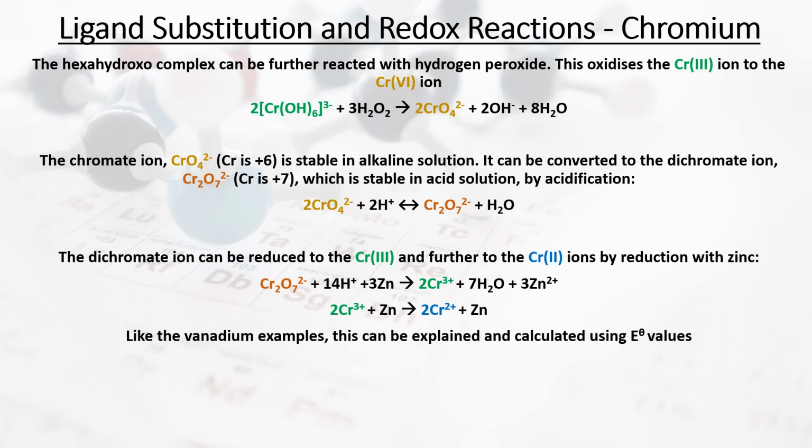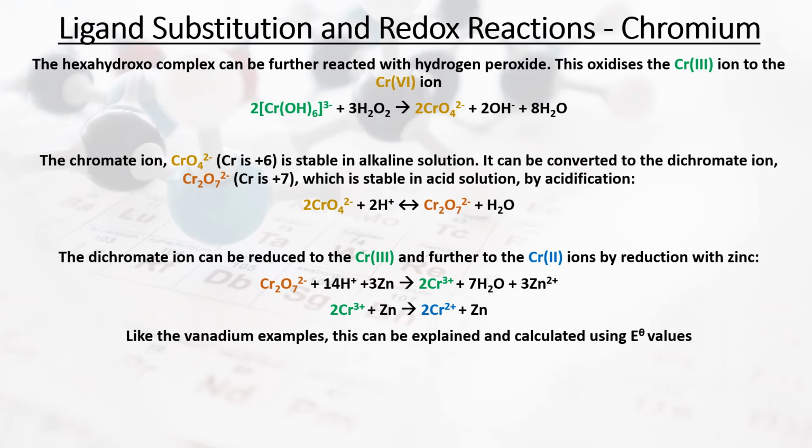And so we can write some reactions here of our dichromate reacting with our hydrogen ions and zinc metal to produce the chromium 3, that's our green ion, with water and the zinc. And you can see the zinc here has been oxidized, it's gone from zinc metal to zinc 2+, and therefore our dichromate, the chromium, must have been reduced from +6 down to +3.